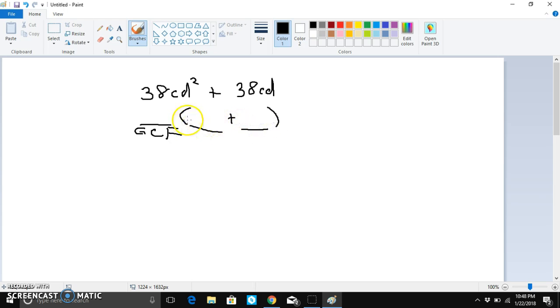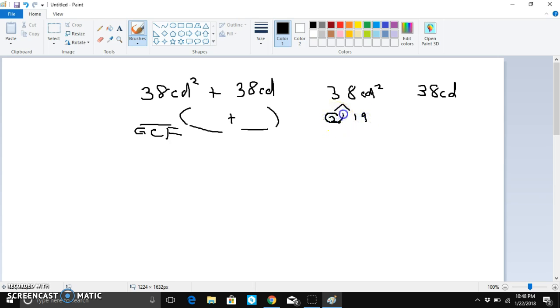Okay, to find the greatest common factor of these two terms, you have to make factor trees. So we have 38CD squared and 38CD. These factor trees are going to look very similar to one another, just because they're almost exactly the same term, except this has a d squared and this is just a d. Factor tree for 38, that would be 2 times 19.